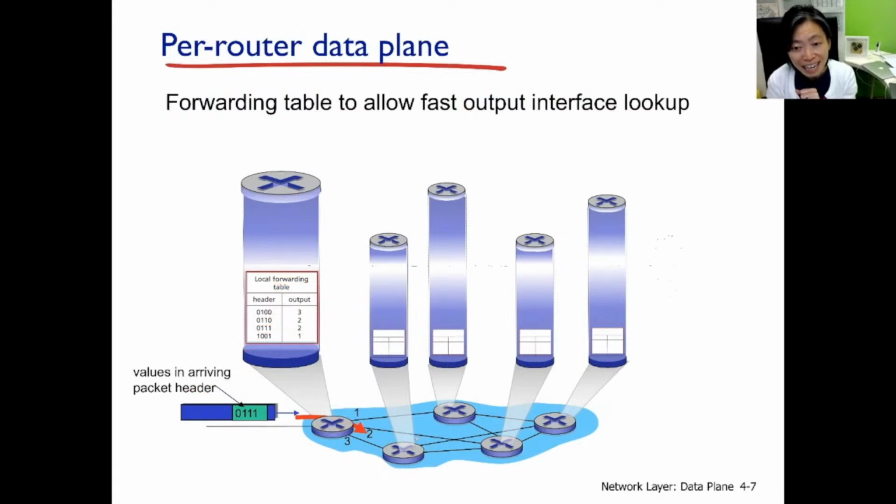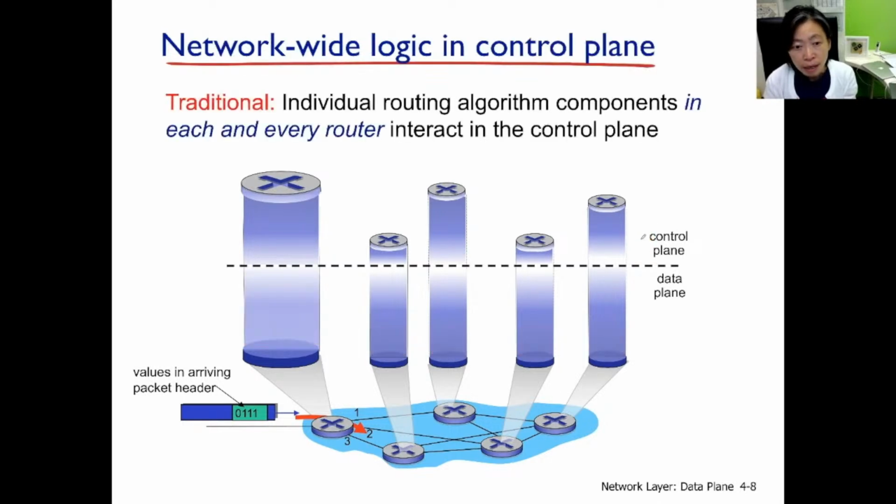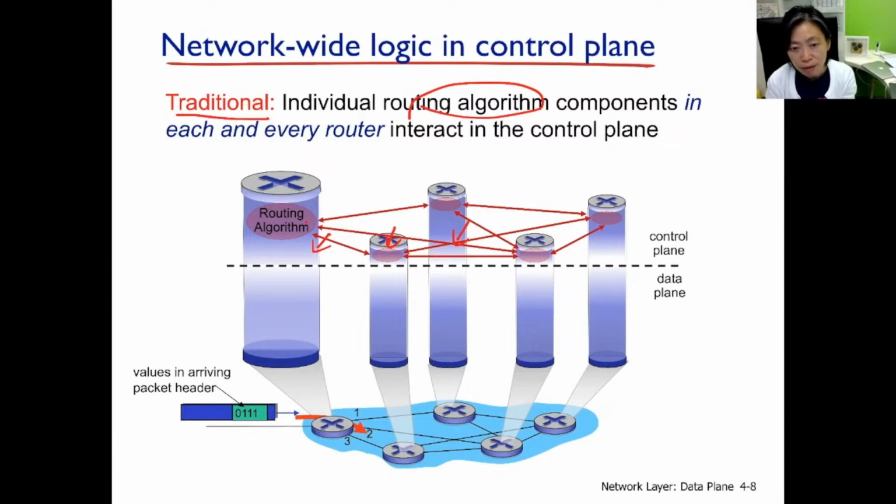And the control plane is here, higher up in the operating system stack. To be more exact, let's talk about the traditional approach first, where the computation is distributed. The routing algorithm is going to be running on each of these routers, up here. The routing algorithm here, here, here, and here. So each and every router is going to have the routing algorithm running, and they're going to interact with each other.